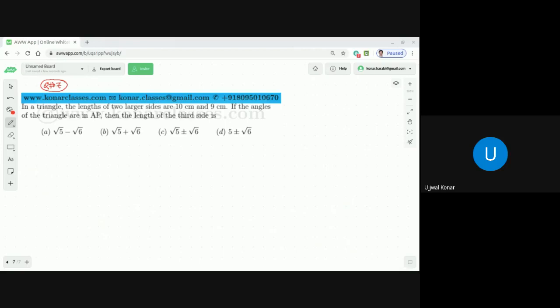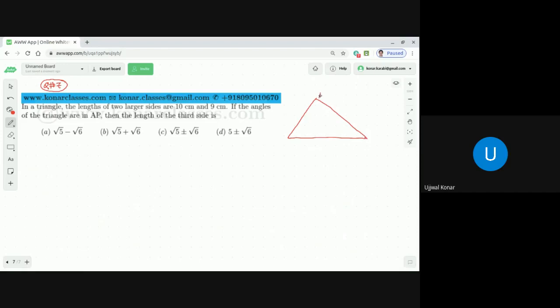So let's draw the corresponding diagram. So we need to find the length of the third side. If we draw a diagram of the triangle, dear students, it looks like this.